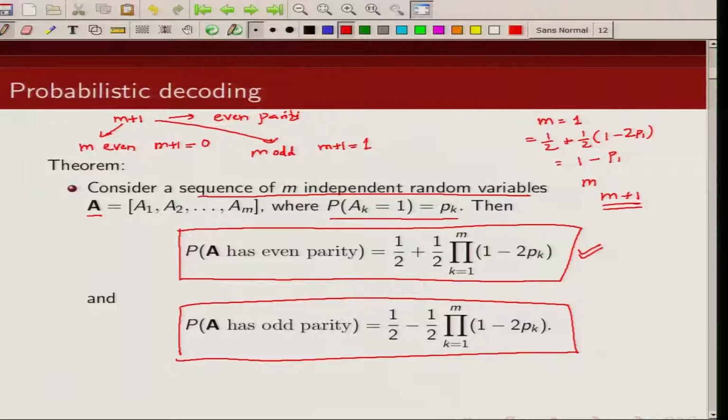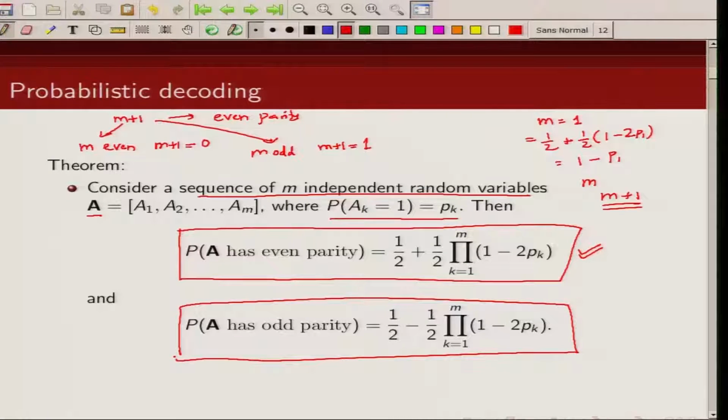So, is it clear? There are two ways in which we can get even parity when we are considering m plus 1 independent random variables. Either the first m of them had even parity and the (m plus 1)th is 0, or the first m add up to odd parity and the (m plus 1)th is 1.